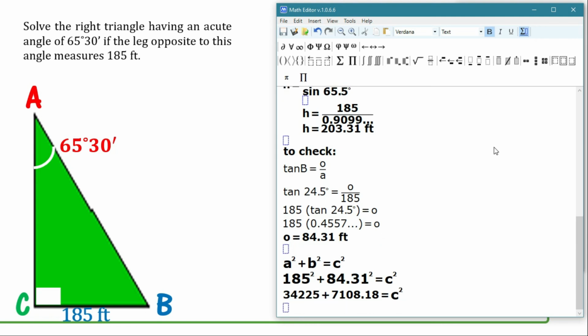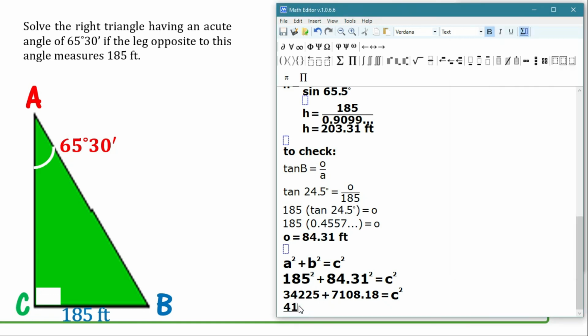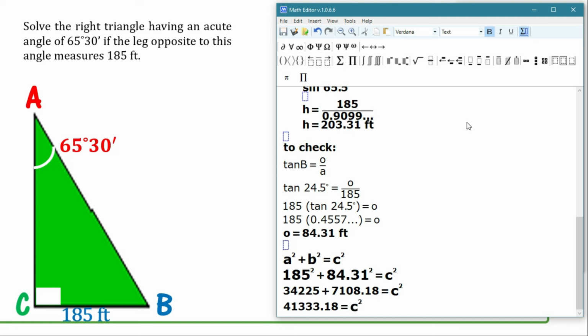Okay, then simplifying this one, that's gonna be equal to 41,333.18 equals c square.